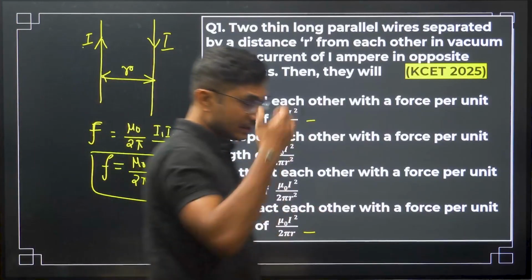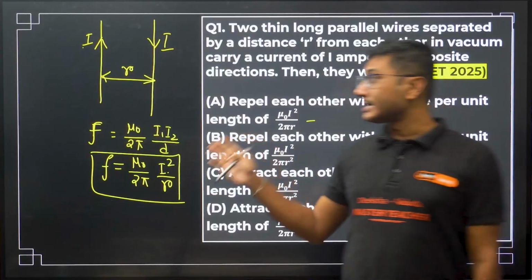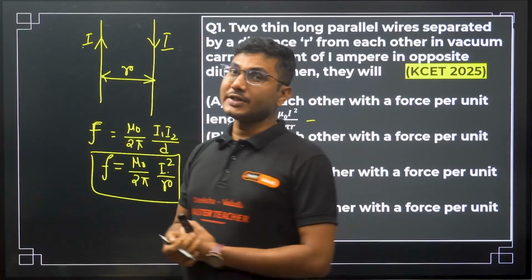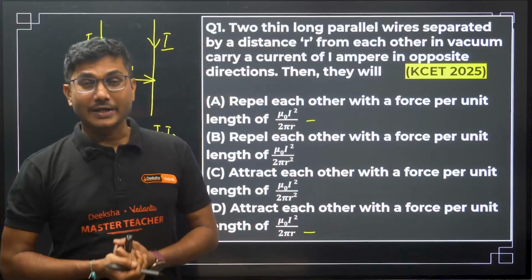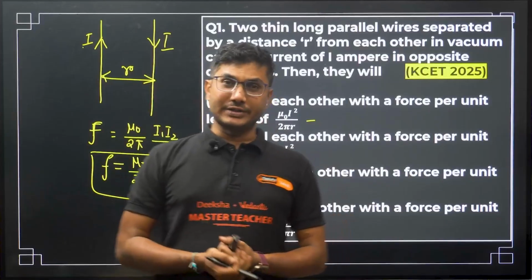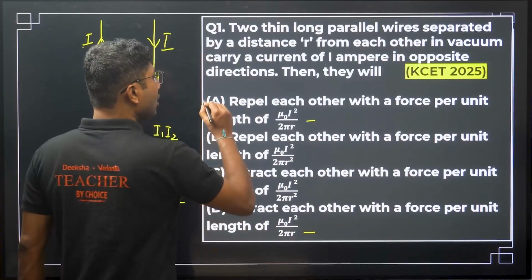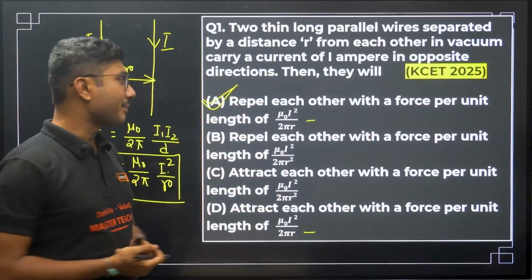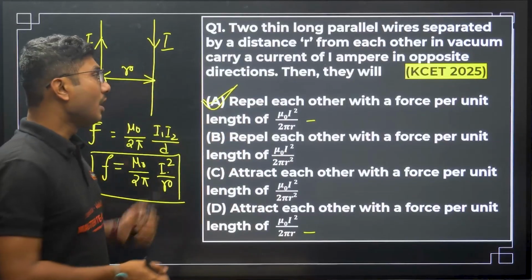Now which is correct? Currents in the same direction attract each other, currents in the opposite direction repel each other. So in this case it will be repulsion. So they repel each other with the force per unit length of mu naught I square by 2 pi r. So be careful.